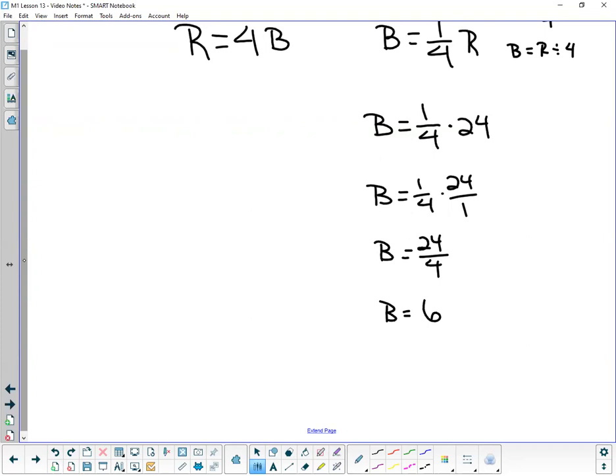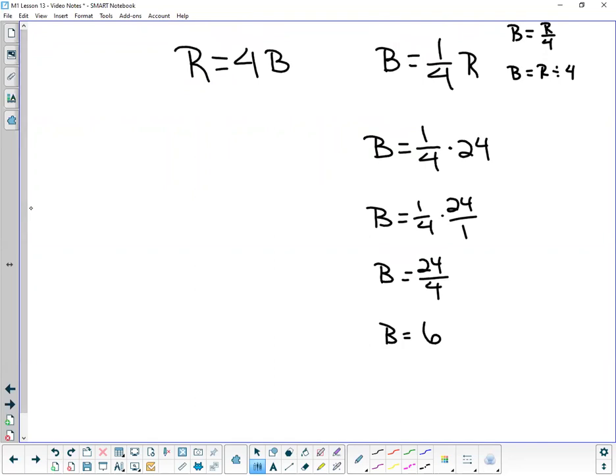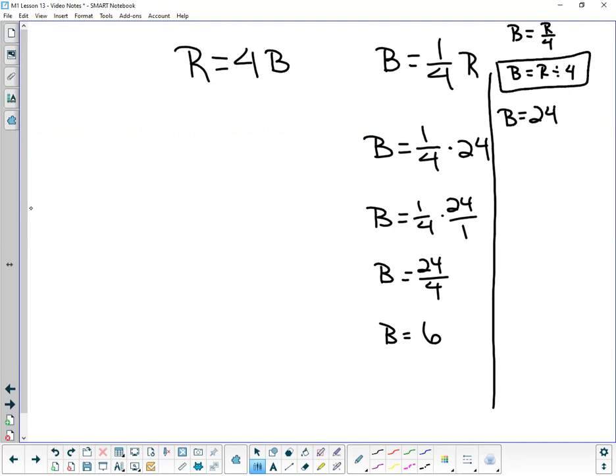Now, if you said, wait a minute, I'm just going to use this because I understand that, fine. 24 gallons of red, you're going to divide it by 4 to figure out how much blue. You need 6 gallons of blue paint.